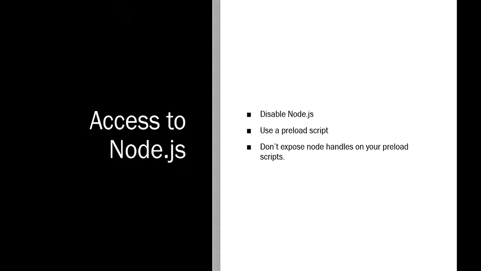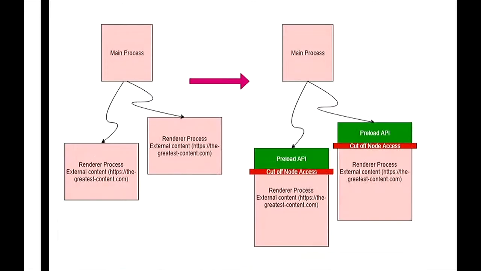And when writing your preload script, you also don't want to expose node handles and other dangerous objects. So just to explain that a little bit more, I've got a diagram drawn here. So the way Electron works, you've got the main process, and every time you load a browser window or a web view, it will create a renderer process, and these are just isolated processes on your operating system, right?